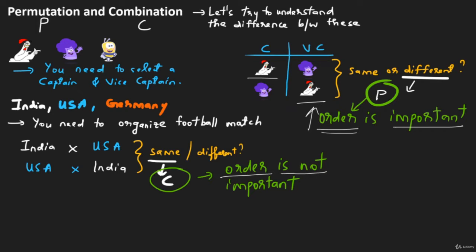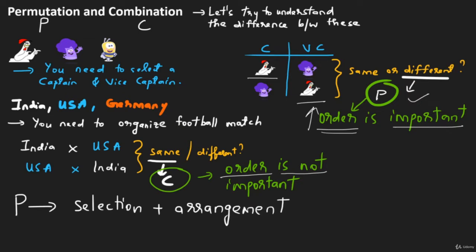Alright. Now, you will notice that in the case of permutation, selection and arrangement is involved. That is, out of these three friends, in one instance, we selected two friends. That is, we selected the hen and we selected broccoli. That's selection over here. And after doing the selection, we arranged them in the positions of captain and vice captain.